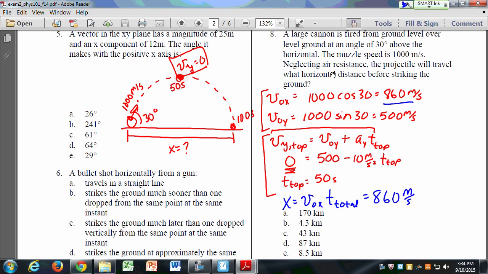And I just multiply that times the time, which is now 100 seconds, not 50, but 100. So that's 860 times 100, 86,000, which is, let's see, it's in kilometers. So how many kilometers is 86,000 meters? 86, yeah. D is the right answer.